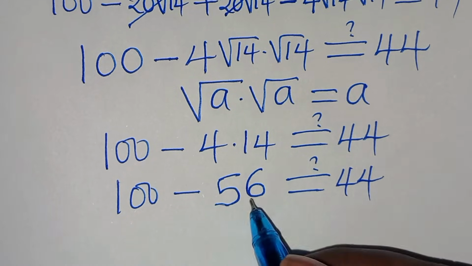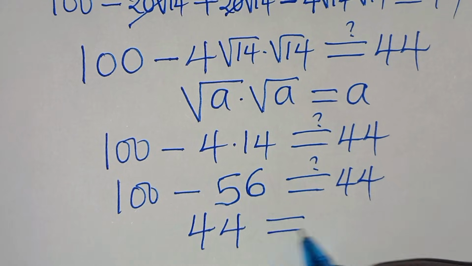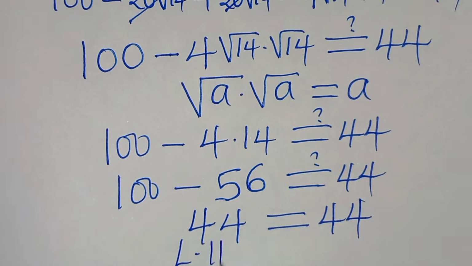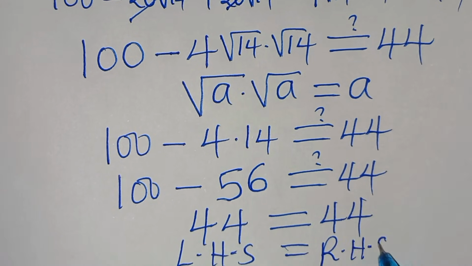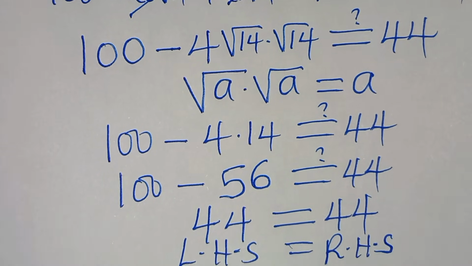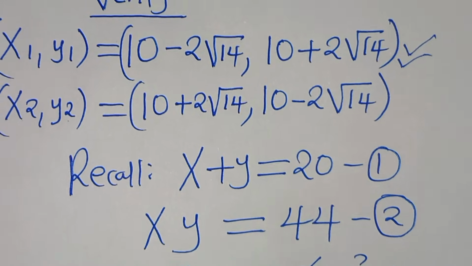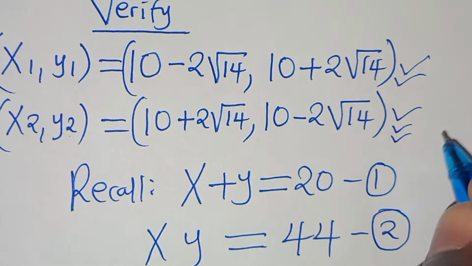So 100 minus 56 is equal to 44, which is equal to 44. So the left hand side is equal to the right hand side, and this affirms that x2, y2 also satisfies the equation.